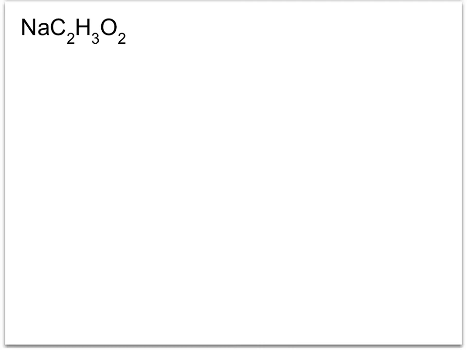Okay, and we're back. Looking at this, Na is sodium, for sure. Sodium. This second thing, C2H3O2, that is a polyatomic ion. This one is actually called acetate. All right, and you may notice on your chart there's actually 2 forms of acetate.